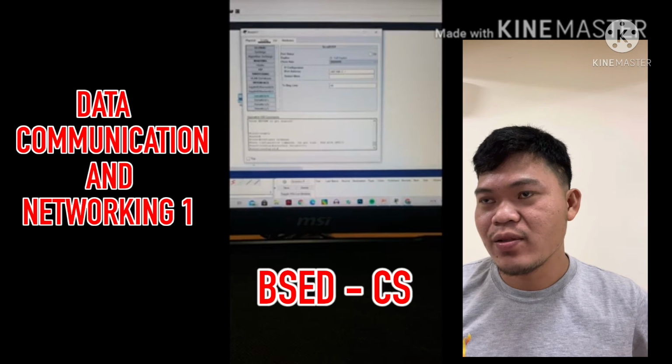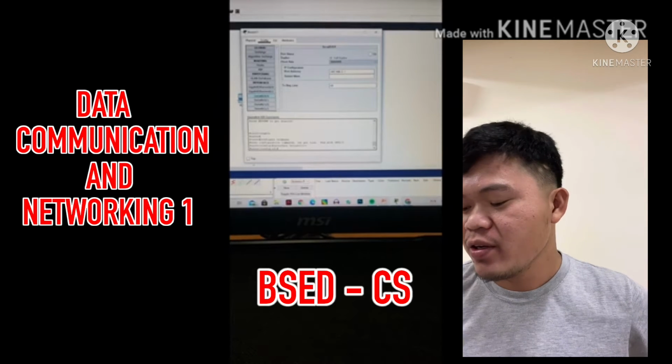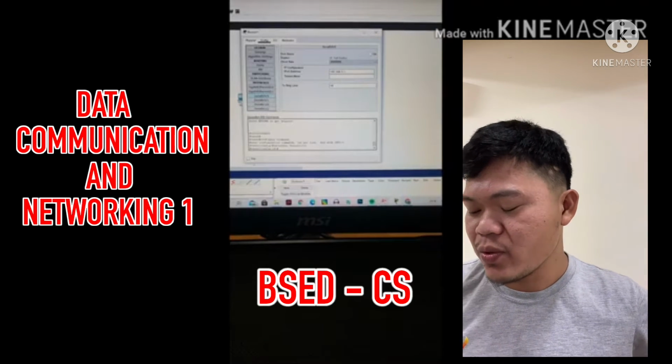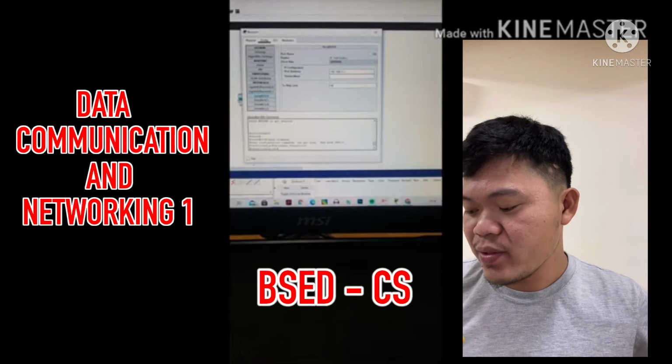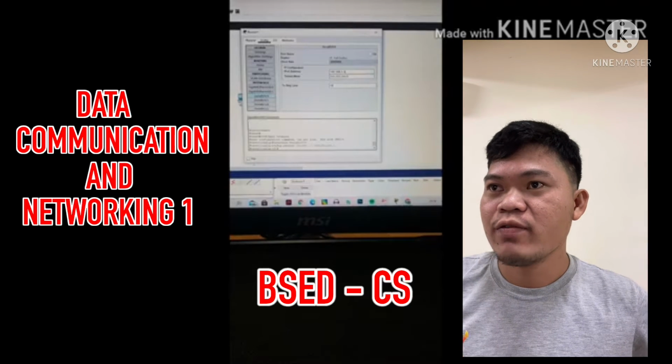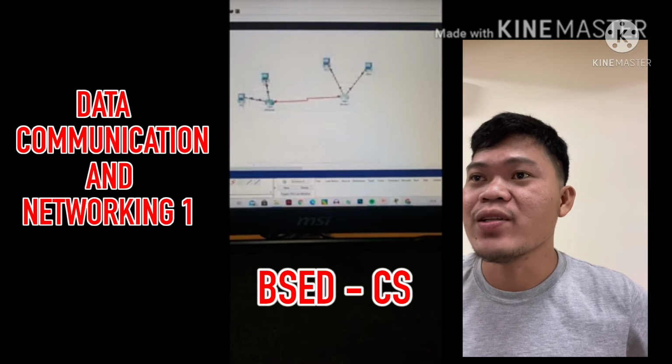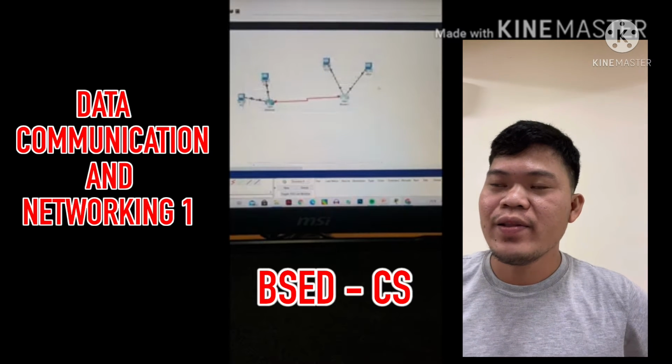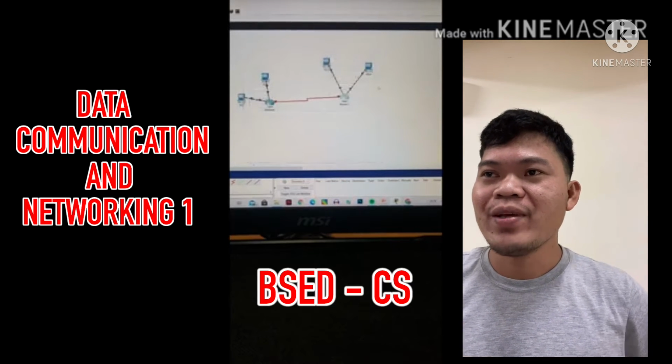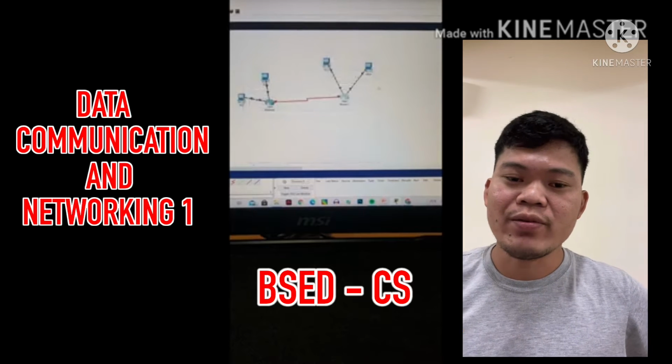The last digit that we put on the first router is 1, so we're going to put 2 here, then enter for the subnet mask. So that's all on how to configure IP addresses on different PCs and routers.